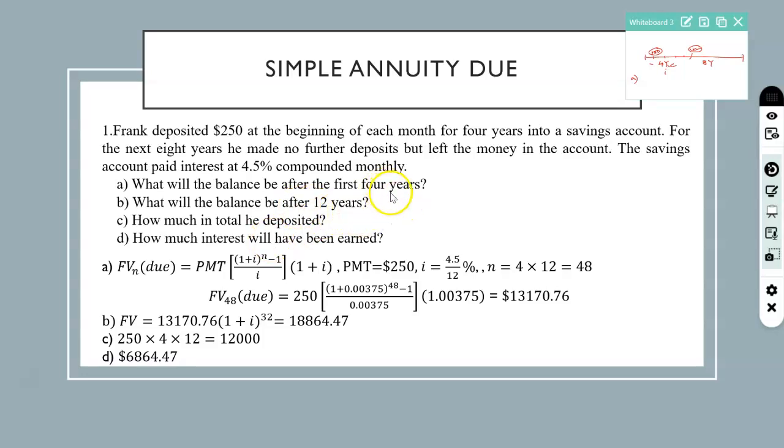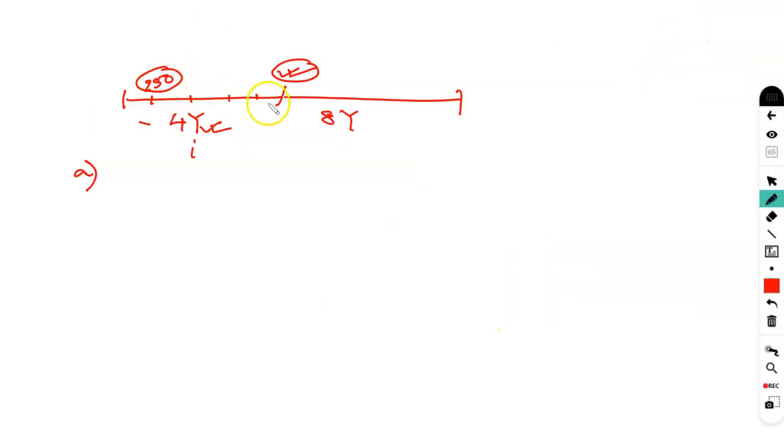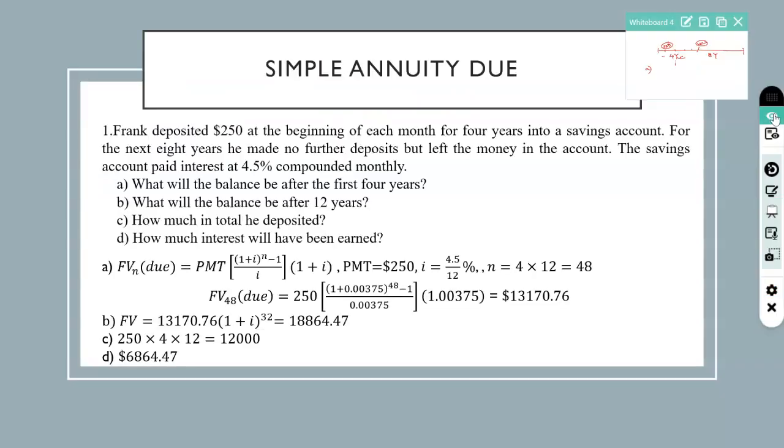Now we have to find the balance after 12 years. For the first 4 years there were deposits, so we got the future value, and then for the next 8 years there was no deposit. The money remained in the bank, but there was no further deposit. So you find the value of this amount after 8 years using the simple compound interest formula, FV equals PV times (1 plus i) exponent n.